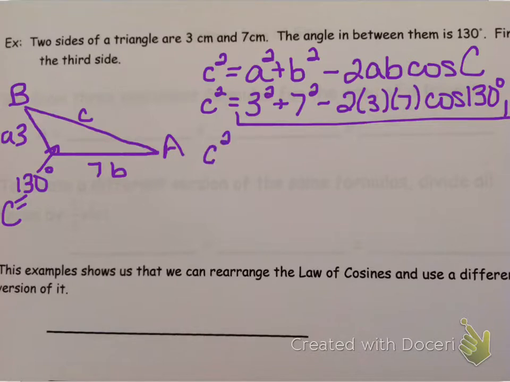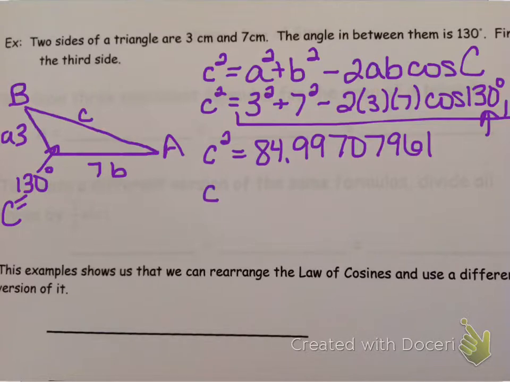So you just type it in, and of course you make sure you're in degree mode, because our angle is 130 degrees. When you type all that in, you end up with c squared being equal to 84.99707961. And then you take the square root of it. Once again, your calculator will recall all of those digits and take the square root of it, and you get 9.219 centimeters.